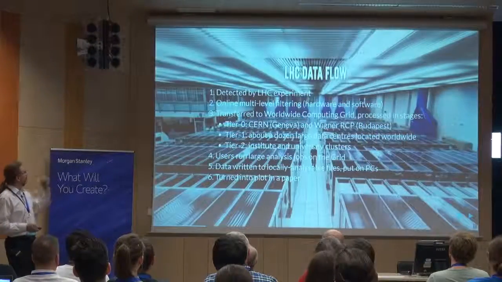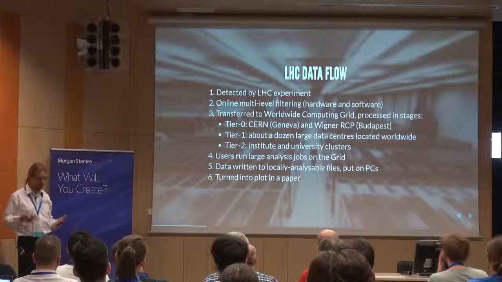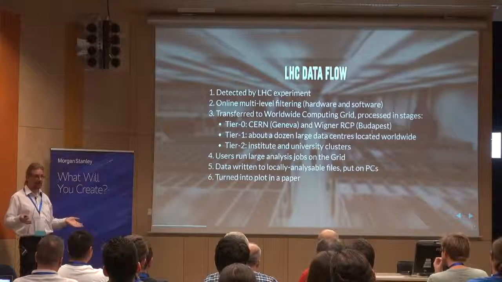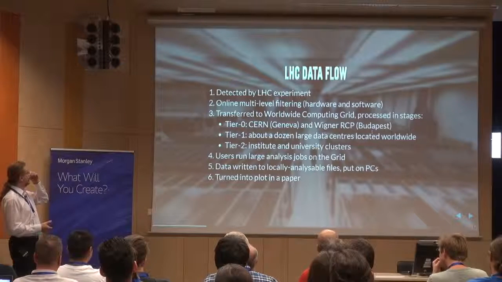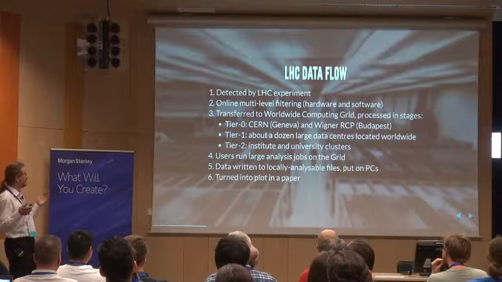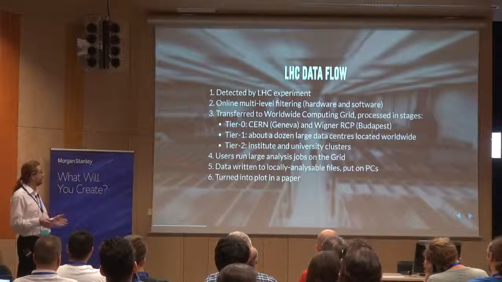Okay, so the way that the data is collected, because all of this endeavor, all of this blood, sweat, tears, money, the end product of it is data, okay? So how this works is after the data is collected by an experiment, there's some online filtering that happens.